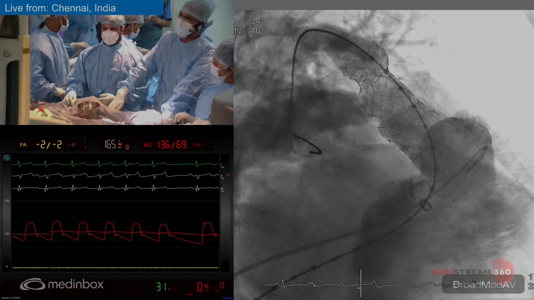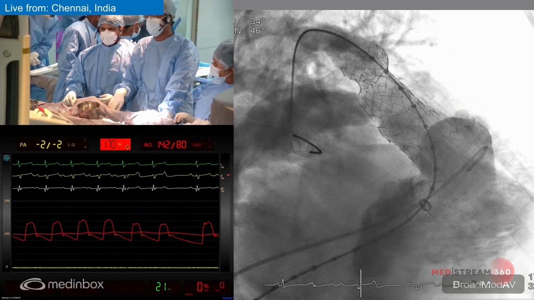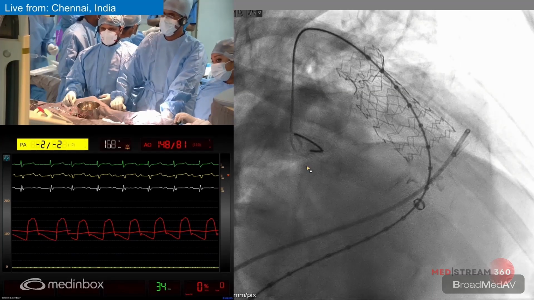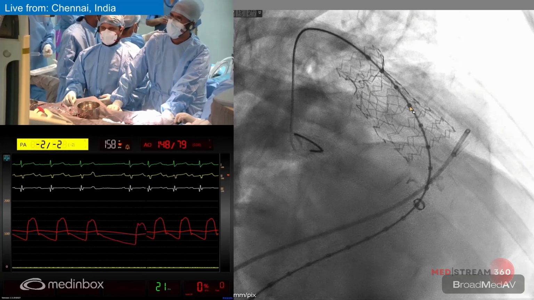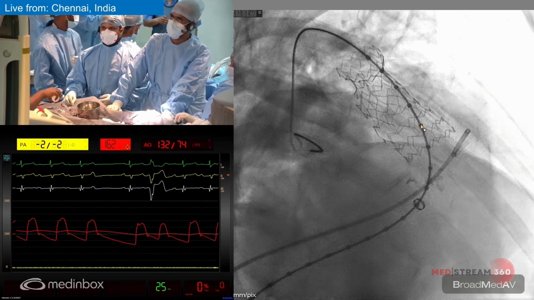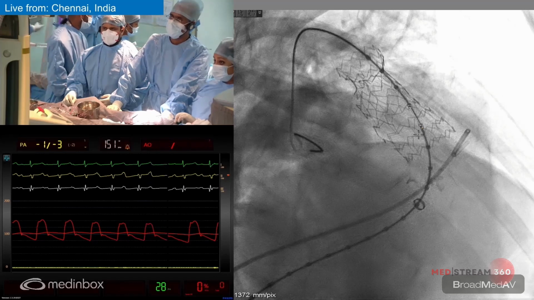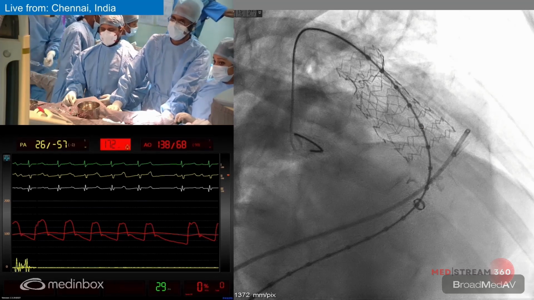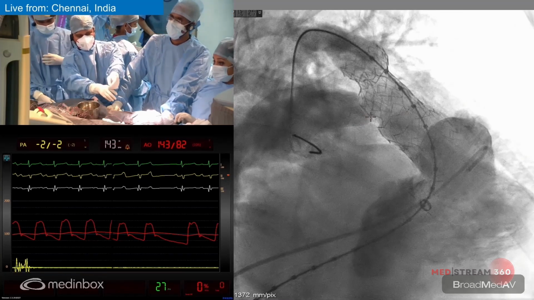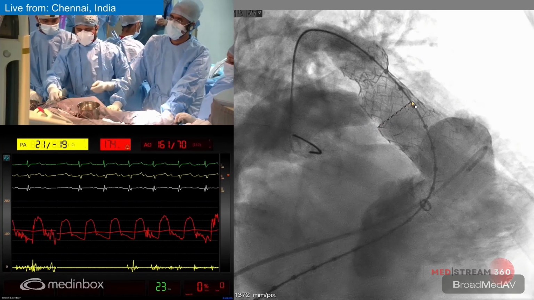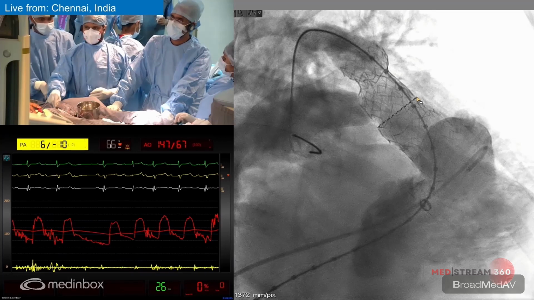So here, let us take the measurement. Probably that will give us a good idea about what is the valve size. By eyeballing, I probably felt that it may be around 24, lower to lower, correct. So now we are doing the calibration. Yeah.